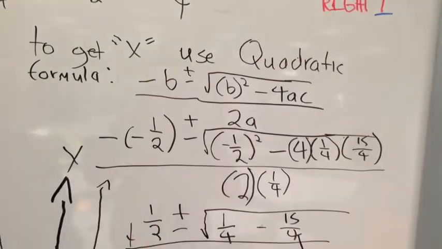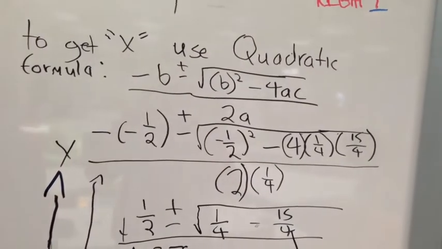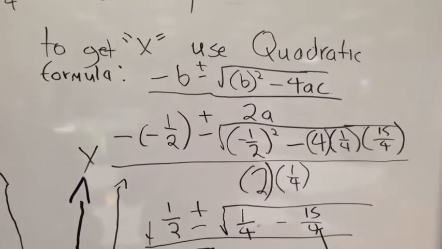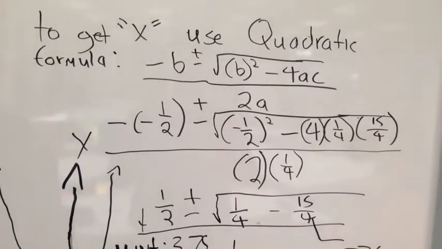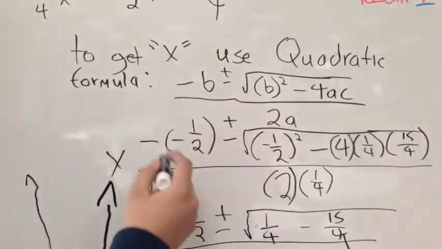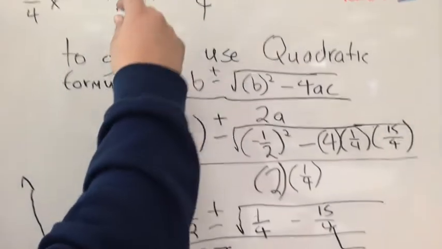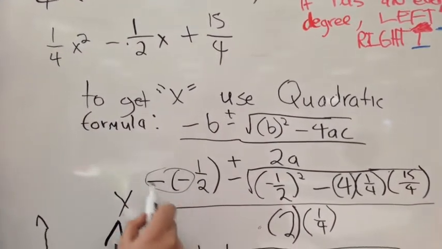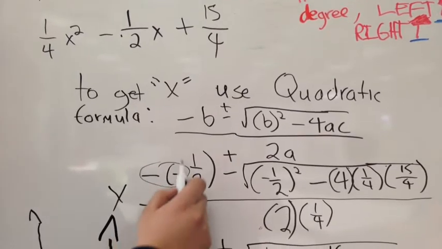says minus b plus minus square root of b squared minus 4ac over 2a. In this case, we put the b, which is 1/2, as you can see. This will be positive because minus times minus is positive.